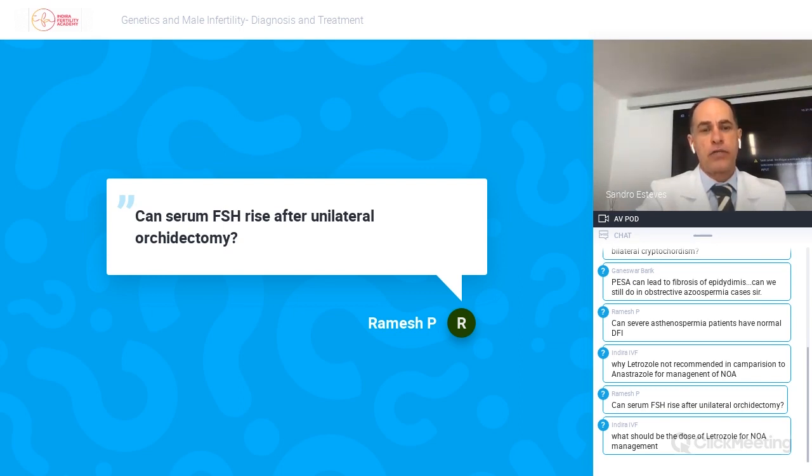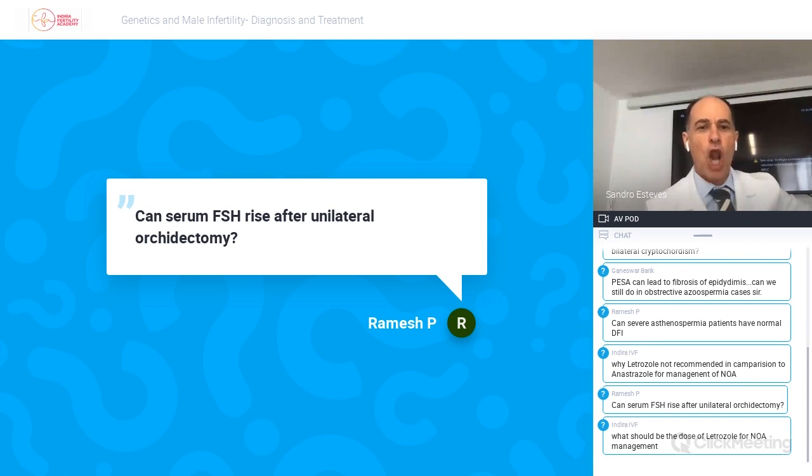If the patient had an excellent genetic background, in which both testicles were normal in size with a very good sperm output, and you just take one testicle out, the remaining testicle could provide a good sperm output, and the negative feedback by inhibin B to the pituitary will be controlled, so you don't see a remarkable FSH rise.